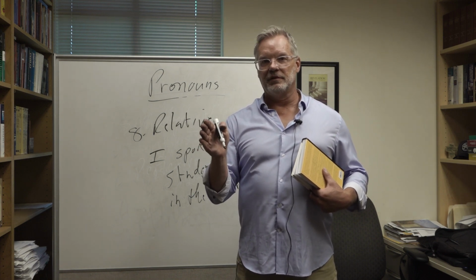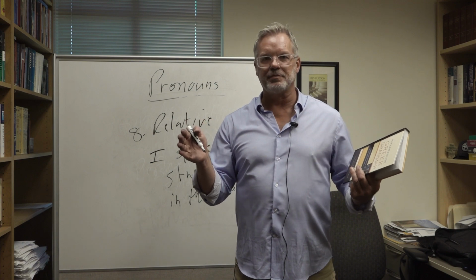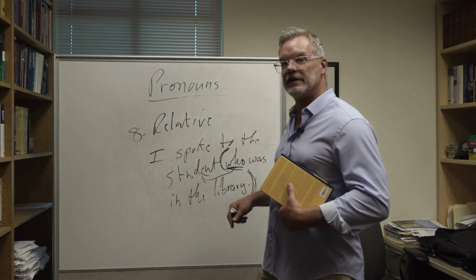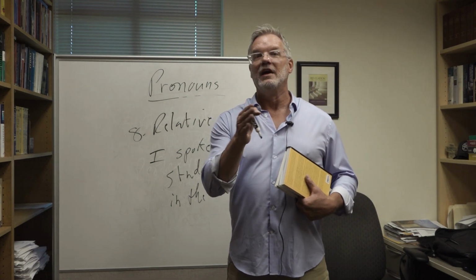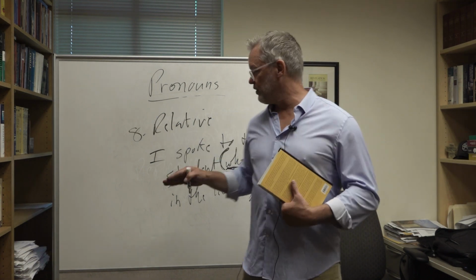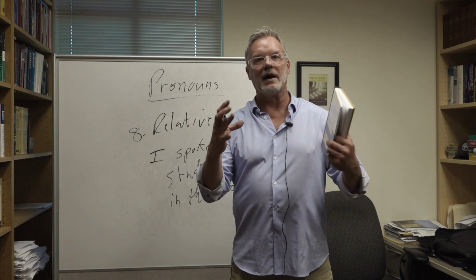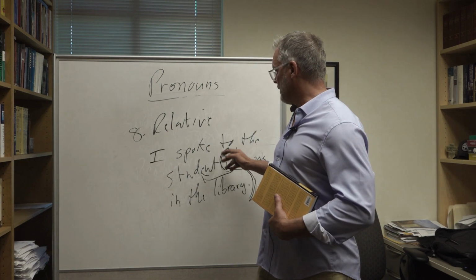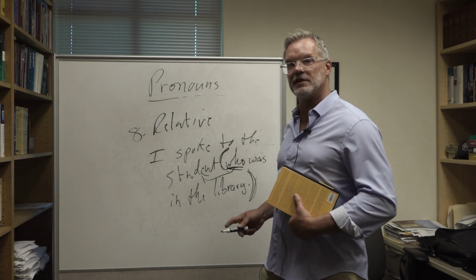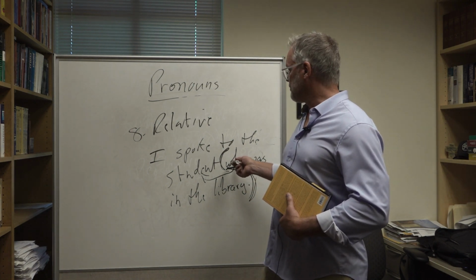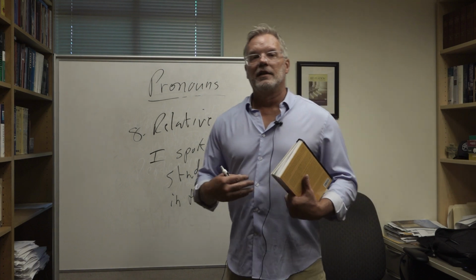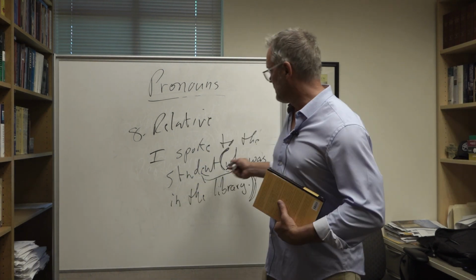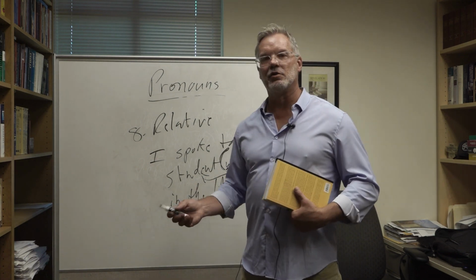Again, there are a couple of exceptions to that, but generally the relative pronoun will come at the beginning of its clause. So when you see a relative pronoun, you should be looking for the words that come after it that help make up the relative clause. But the relative pronoun, and that's why I put it in parentheses in this illustration, its case will be determined by how it acts within its own clause.